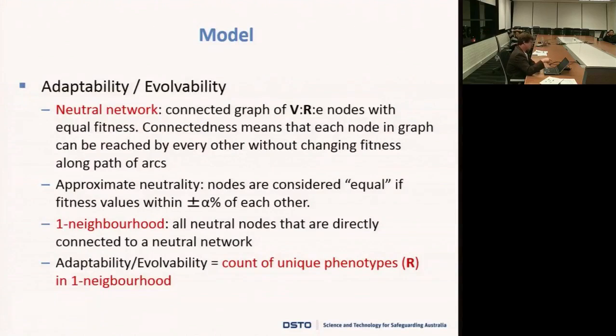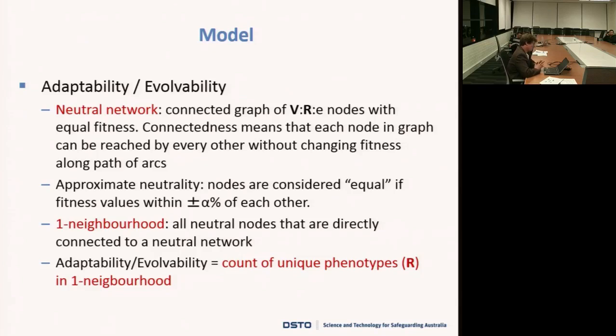Now, this not changing at all, so equal fitness, really with an equal sign, poses problems with simulation. This is why approximate neutrality is often introduced, where we consider two nodes equal if their fitness values are within some percentage of each other. So yes, the fitness varies, but it varies only smallishly.